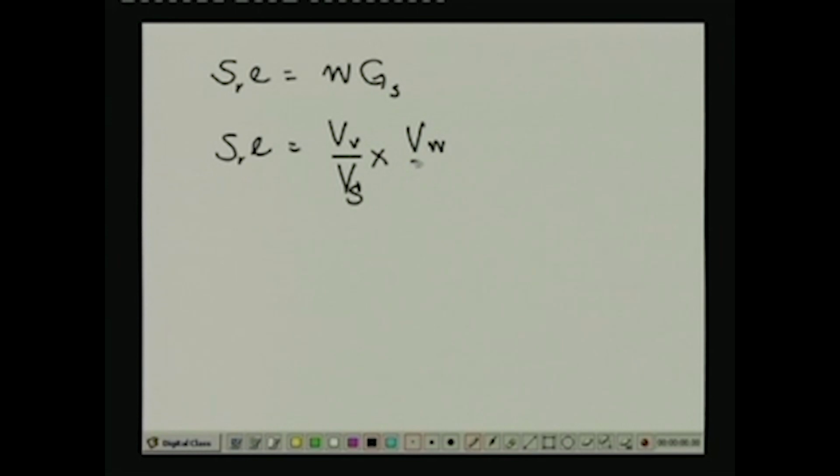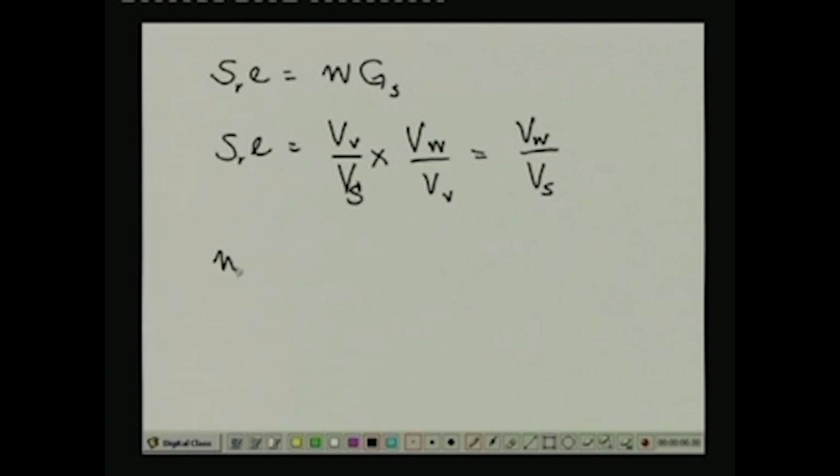You could also show, actually there is another useful result in this case: saturation ratio multiplied by the void ratio is given by water content multiplied by the specific gravity of soil solids. How do we do that? Using the definitions, S_r multiplied by e will be equal to V_V divided by V_S multiplied by V_W divided by V_V, that is going to be V_W divided by V_S.